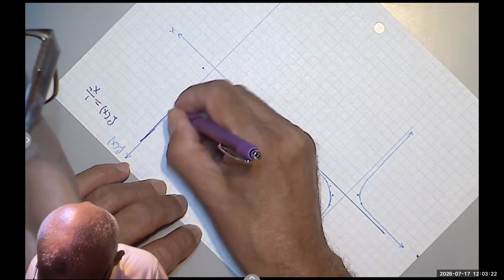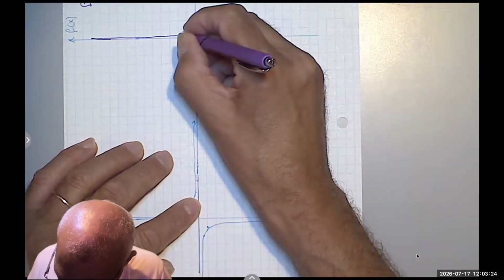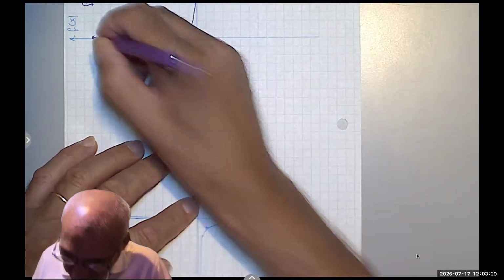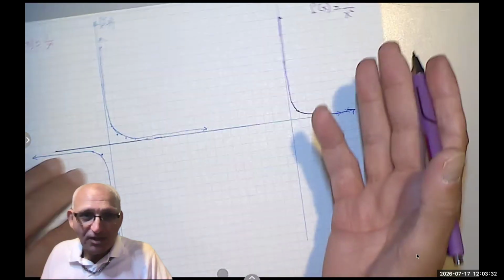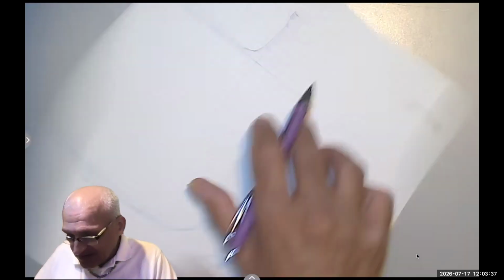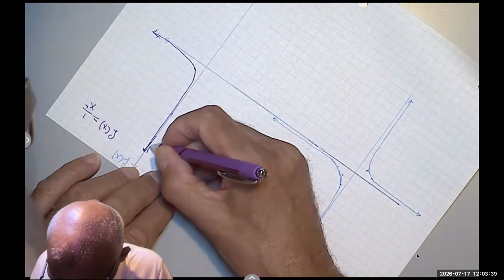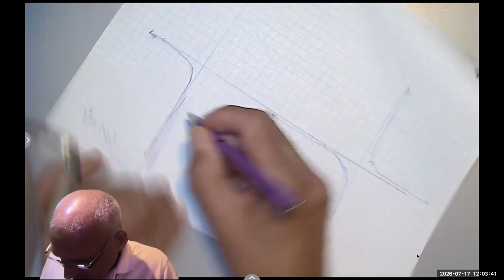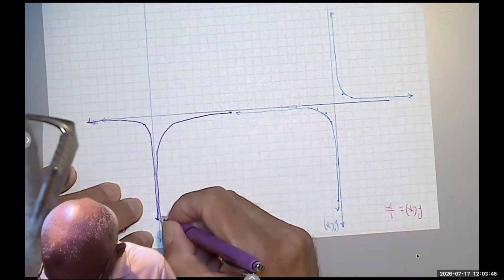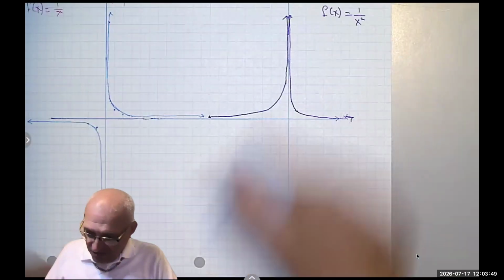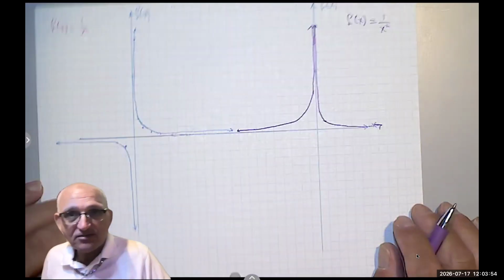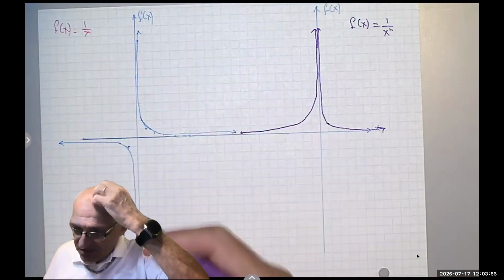It looks like it because we are not drawing it to scale. But when x is negative, x squared would be positive, so you get the other half as a mirror image across the y-axis. So instead of being down here in the third quadrant, they are in the first and second quadrants. Just to let you know.